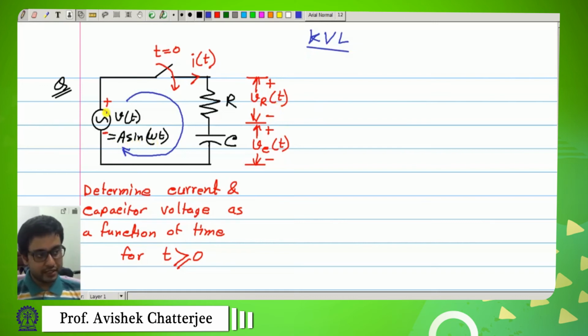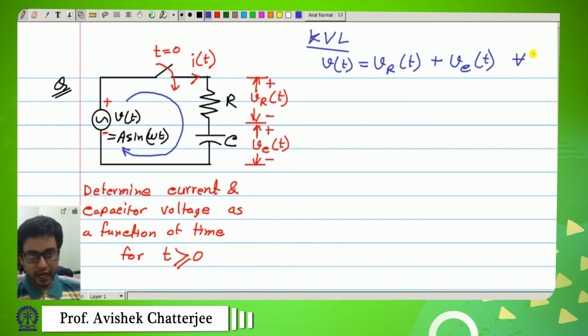So we can write this voltage v(t) will be equal to the voltage drop across resistance vR(t) plus voltage drop across capacitor vC(t). This is for all time t greater than or equal to 0.